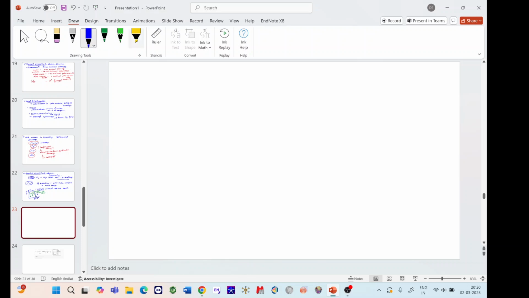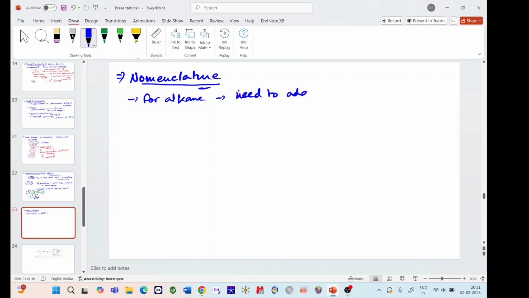So the last part was nomenclature. I think I don't need to discuss it in detail because it is already known. Okay. So for alkane you need to add the suffix -ane at the end.